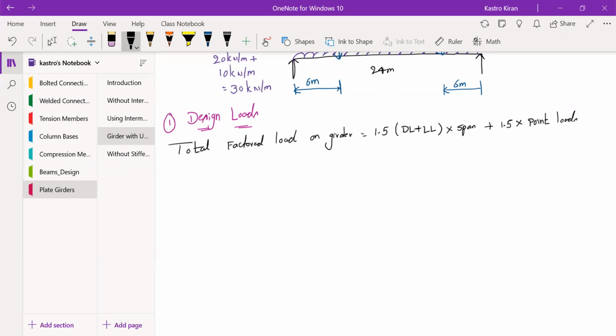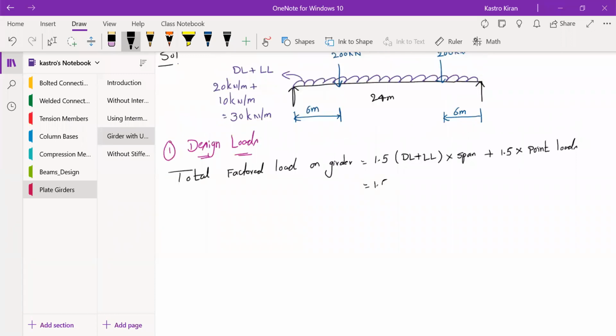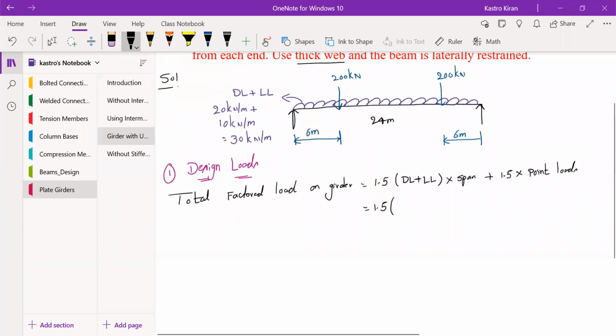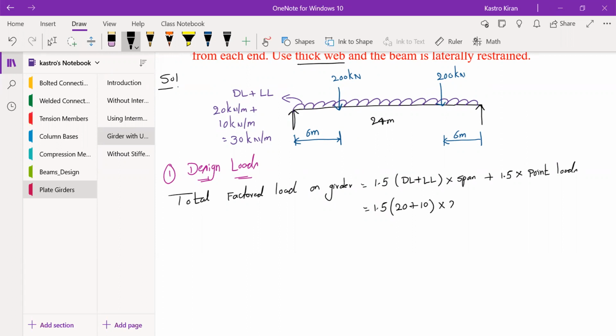Now let's solve for the total factored load acting on the girder. That equals 1.5 times, what is the dead load and live load? It is 20 and 10. The dead load is 20 kilonewtons per meter and the live load is 10 kilonewtons per meter, into the span, which is 24 meters, plus 1.5 times the point loads.